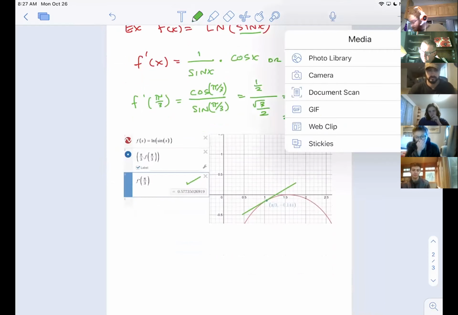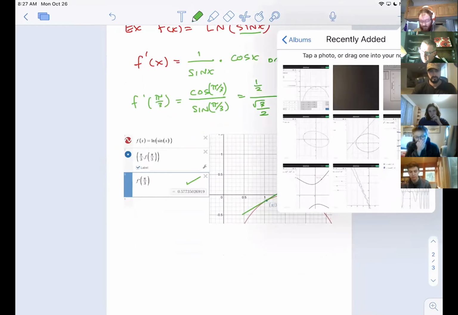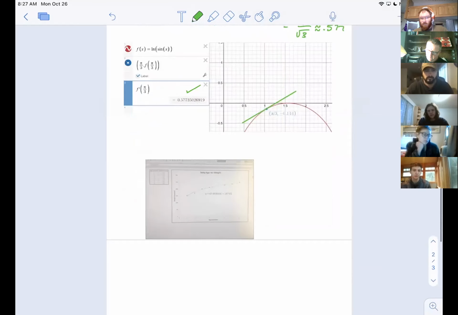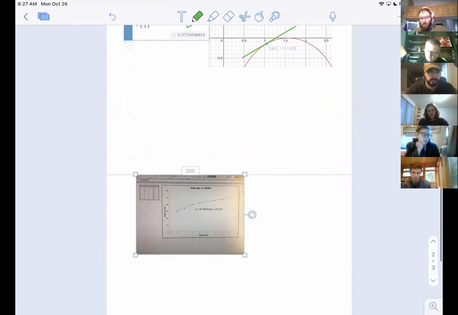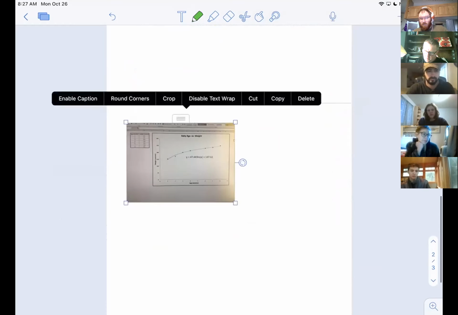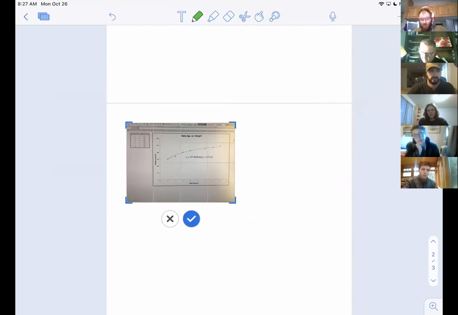Let's go back to the probably lousy picture I took of Excel a minute ago. Crop that down a little bit, make it as big as I can.